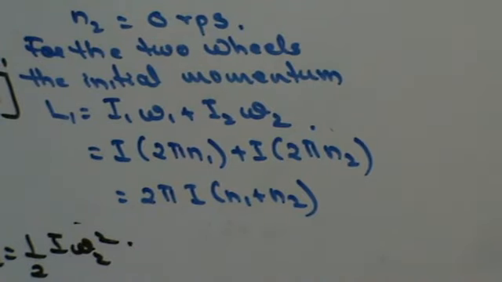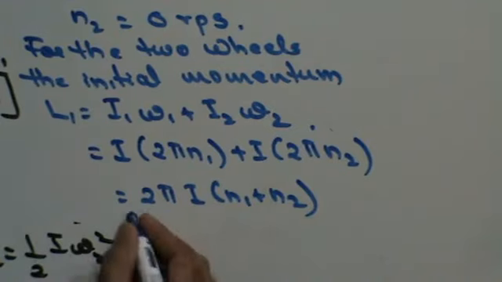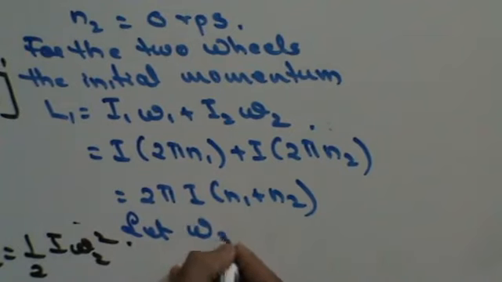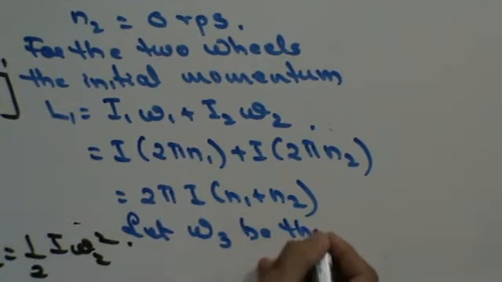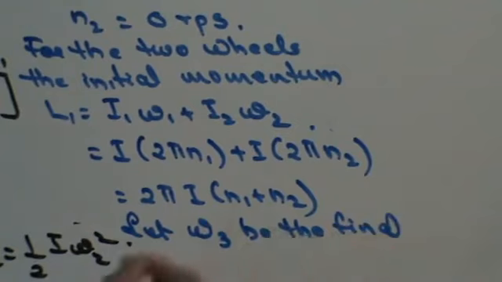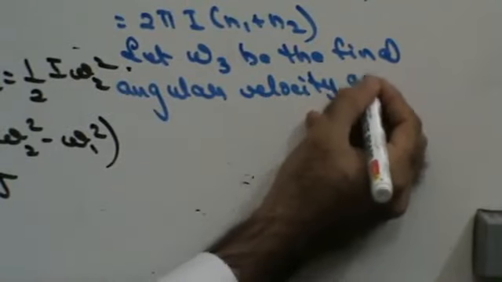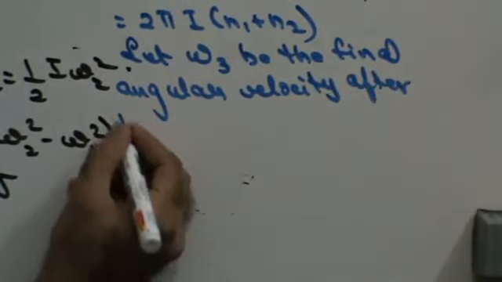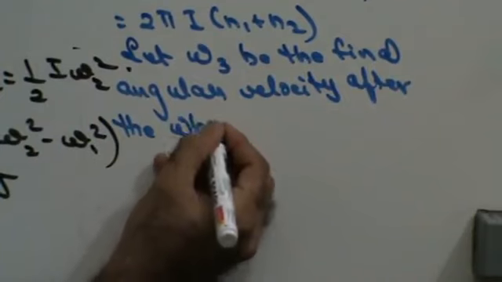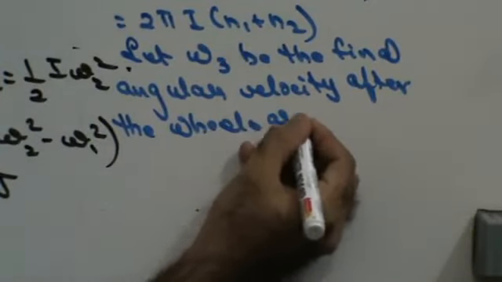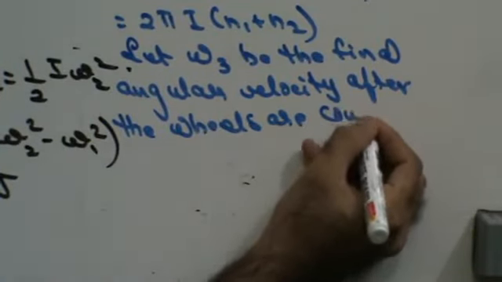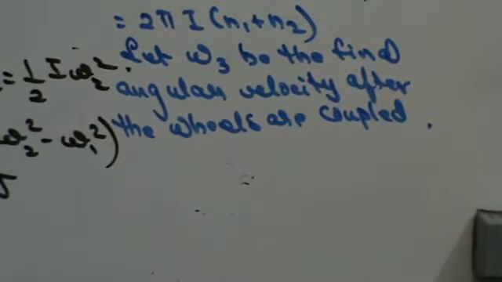Now let us assume that omega 3 is the final angular velocity after the wheels are coupled. Let omega 3 be the final angular velocity after the wheels are coupled, right?